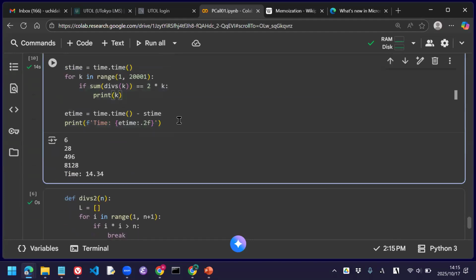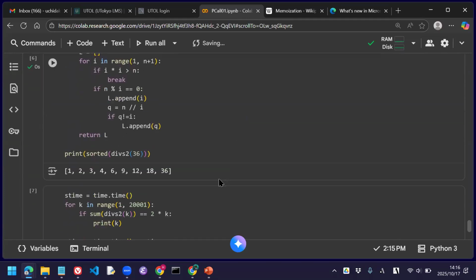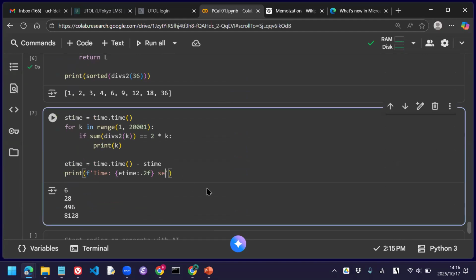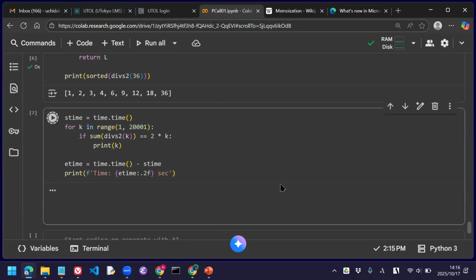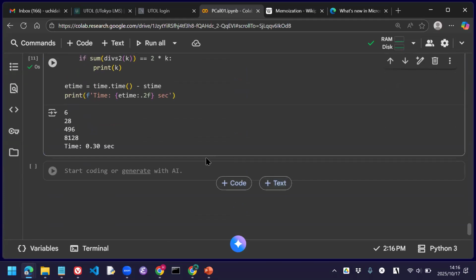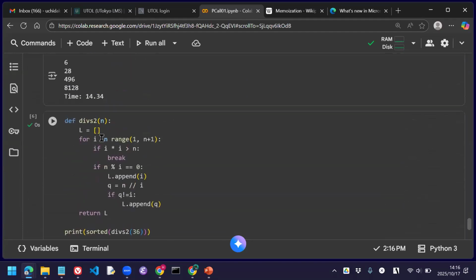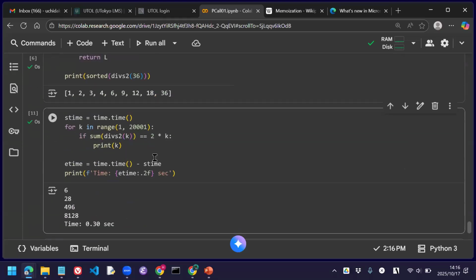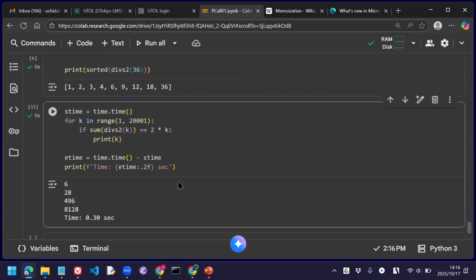Maybe I should write s here. Okay, here again, I write sec, and then run it. Oh, marvelous. 0.3 second. Only 0.3 second compared to 14.3 seconds in the original case. So this makes a very big difference.